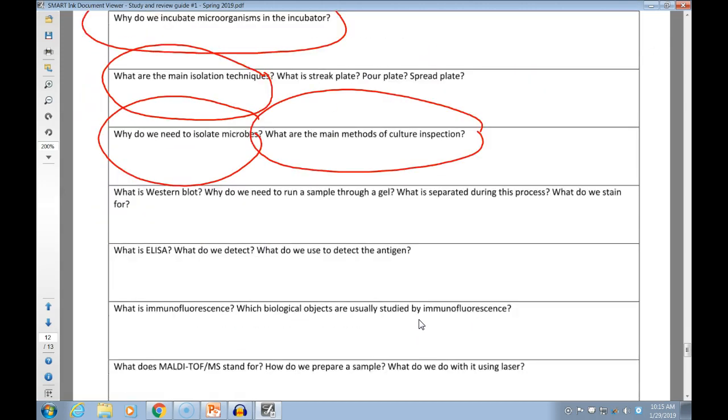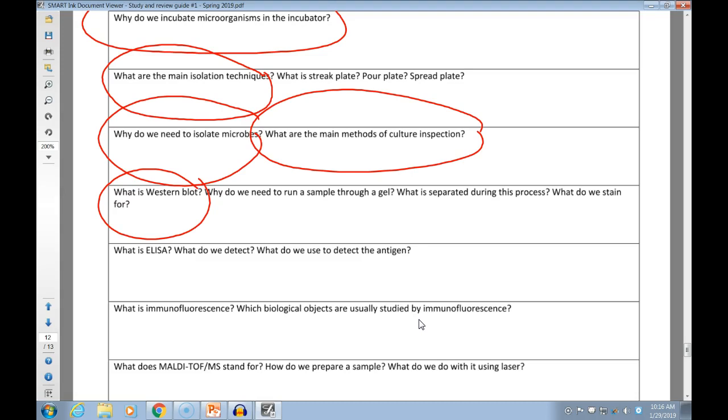Now, this is what we were talking about today. Don't be afraid of these questions. I give you a description. Let's say I tell you we use fluorescently labeled antibodies to detect an antigen on the surface of the cell. Okay, fluorescent labeled antibodies, surface of the cell: immunofluorescence.